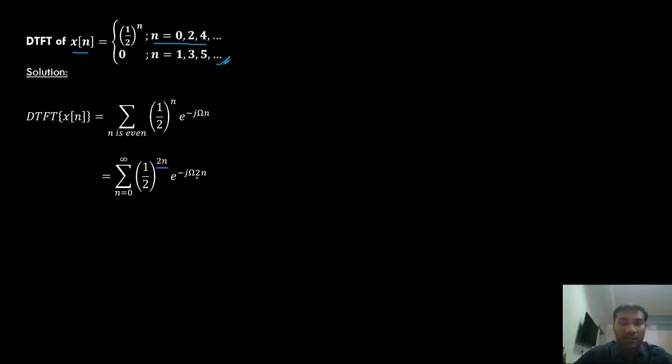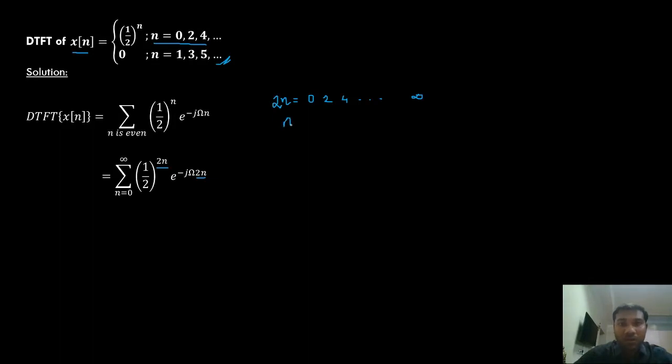So this becomes, n is even, which means 0, 2, 4 and so on to infinity. In place of n I am going to substitute 2n.